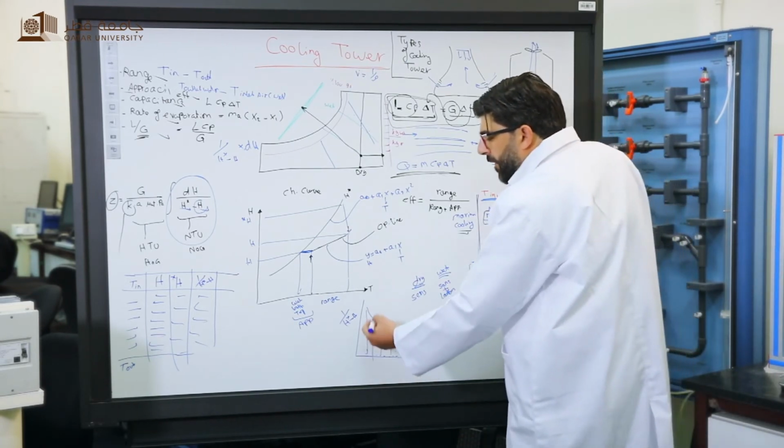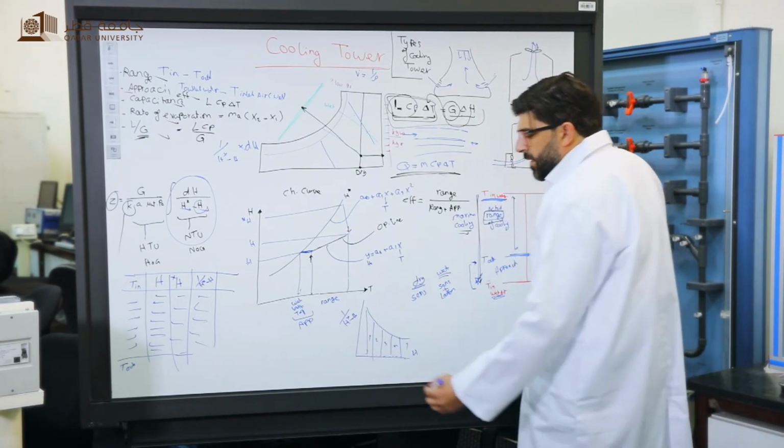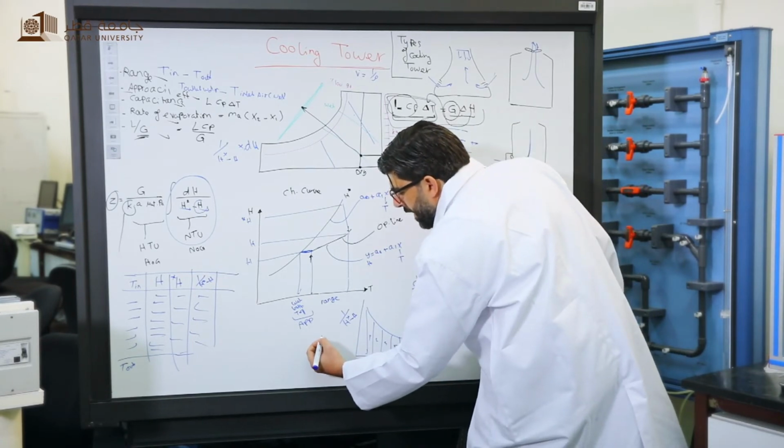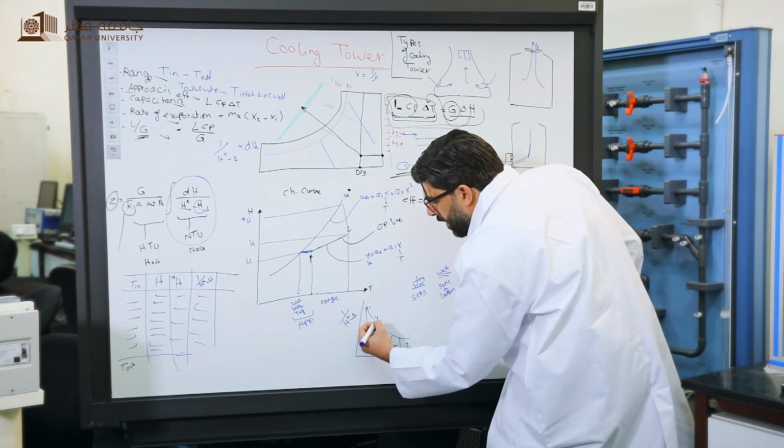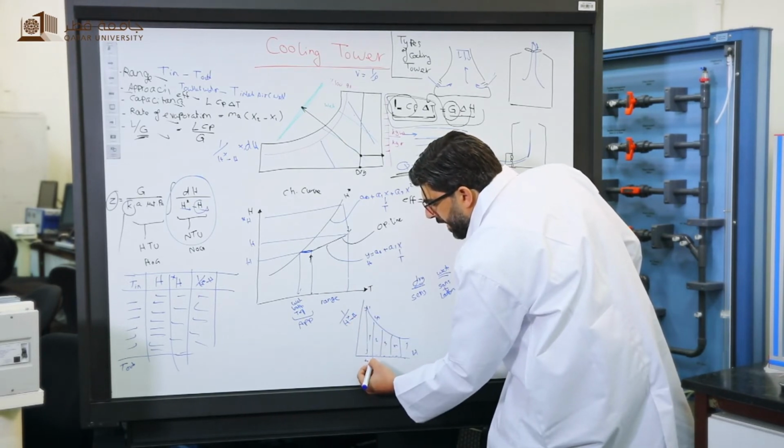So the area of each one, we can say, this is y1 and this is y2, and we have x1 and x2.